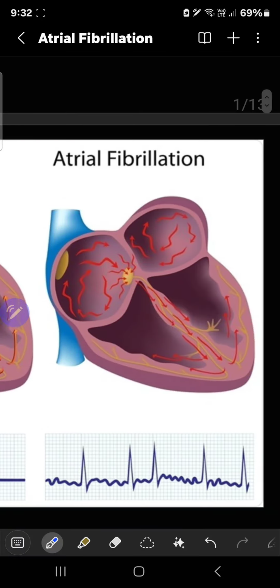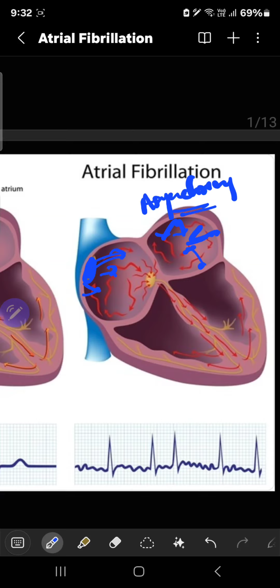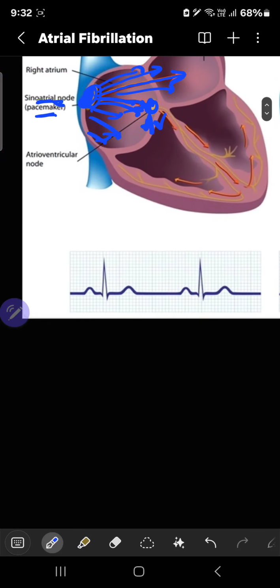In atrial fibrillation, even though there is a sinoatrial node, there will be multiple foci. This one will be generating electrical impulses, and this one, this and this one. Together, there will be asynchrony in the muscle contraction. That's the reason.